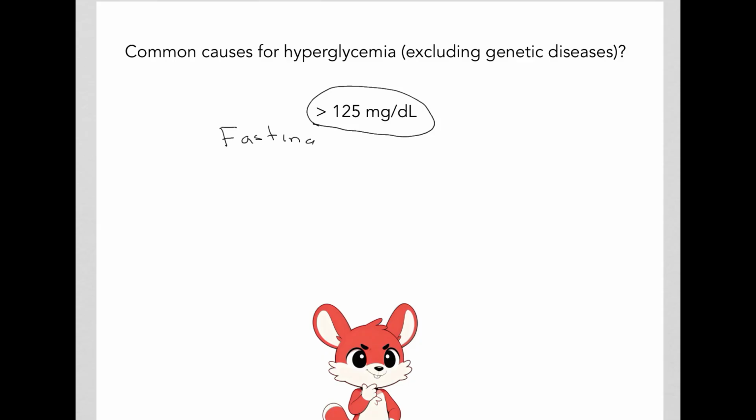Most of these blood glucose tests done by the chemistry lab are on specimens taken when the patient is fasting, which typically is first thing in the morning before breakfast. The blood is taken and the glucose is measured. Okay, so what are the common reasons for a high blood glucose?